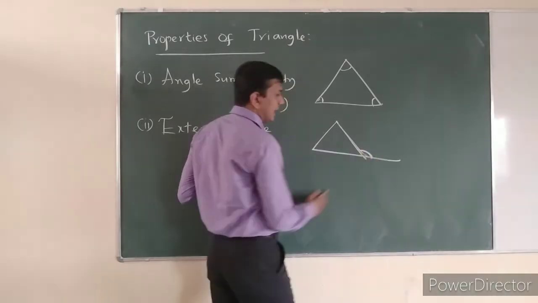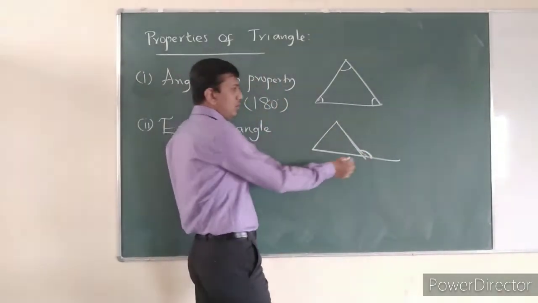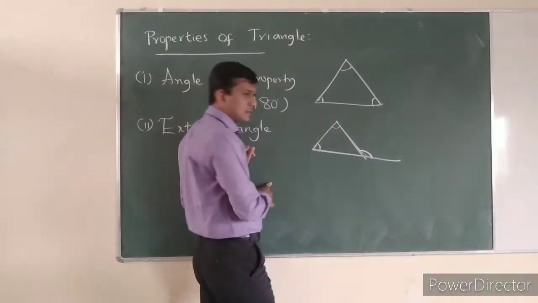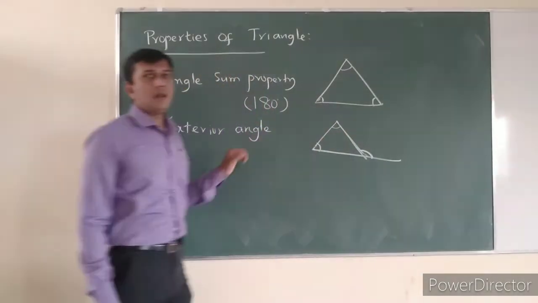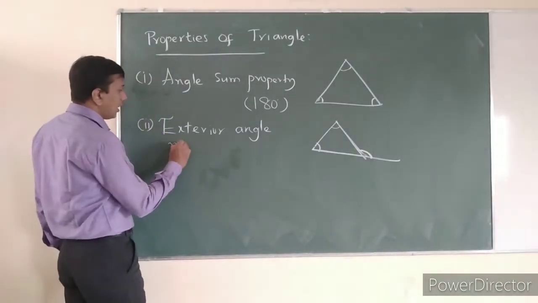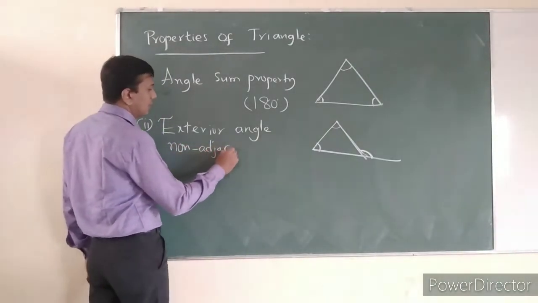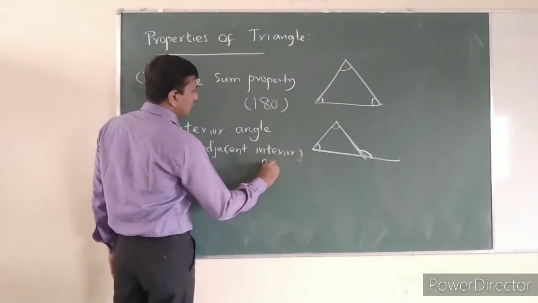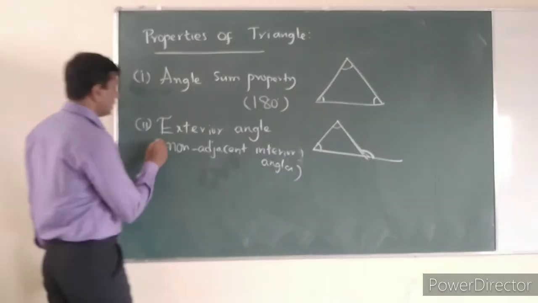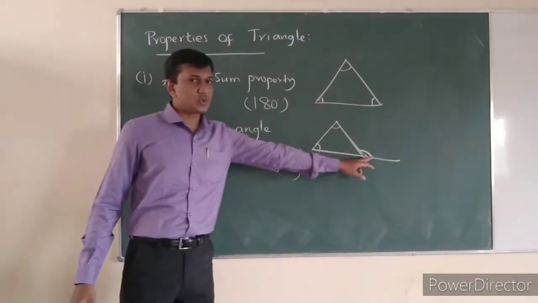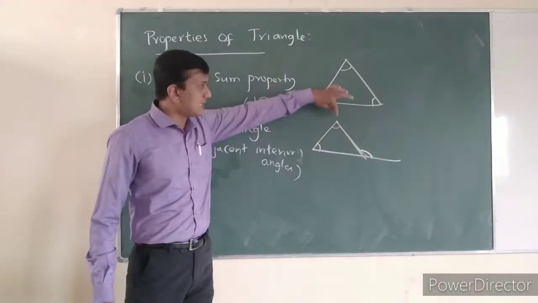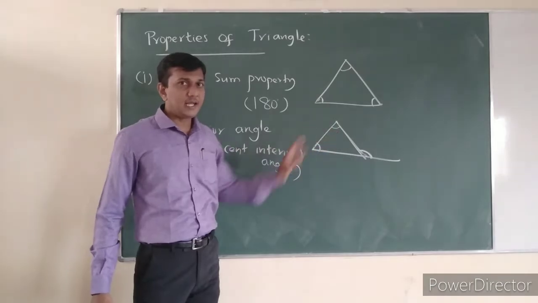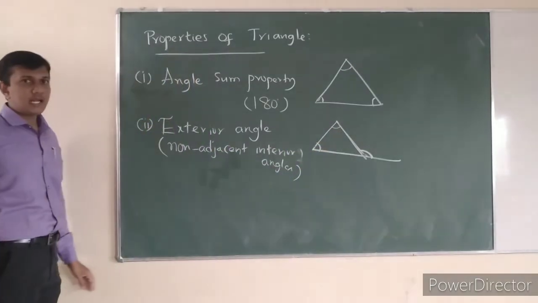This is called the exterior angle, and its value is the sum of these two angles. These two are called non-adjacent interior angles. So the exterior angle is equal to the sum of the non-adjacent interior angles. This is the exterior angle property.